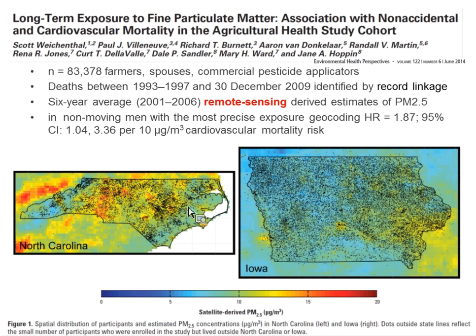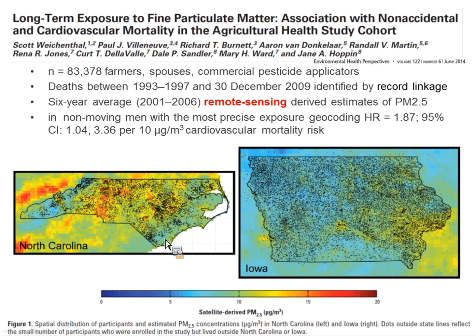And so this study followed this cohort looking at their deaths between 1993 and 2009 using record linkage. And they used estimates of PM 2.5 derived from remote sensing. And so you can see the exposure surfaces in these two maps at the bottom in North Carolina and Iowa, where the cohort members lived.